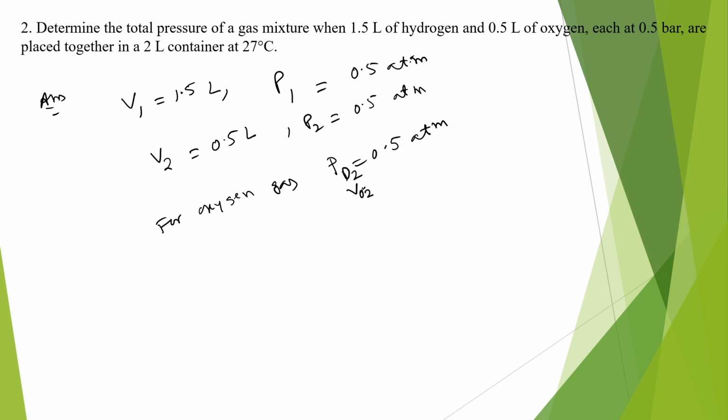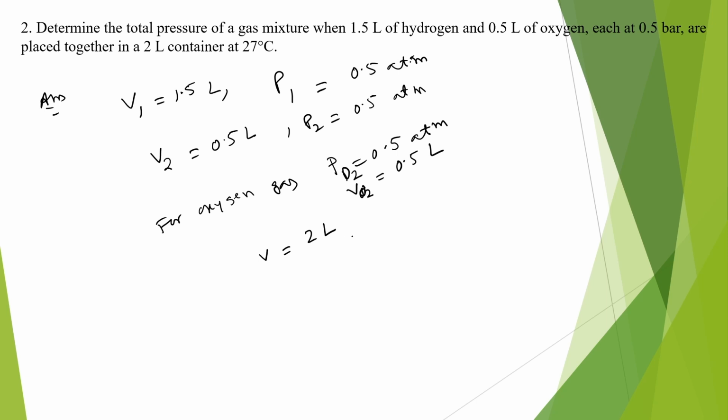So, volume of oxygen VO2 is 0.5 liter. Okay. So, now final volume V is 2 liter here.